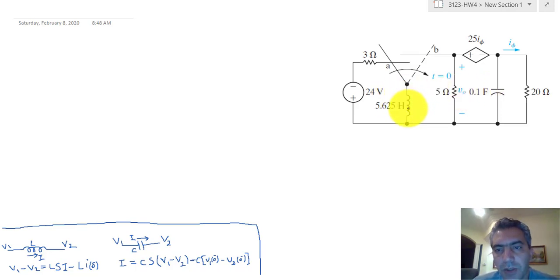Now for the inductor, since the switch has been in this situation for a long time, we can treat the inductor like a short circuit, and therefore this part of the circuit that is on the left is basically simply a power supply that is connected to a 3 ohm resistor.